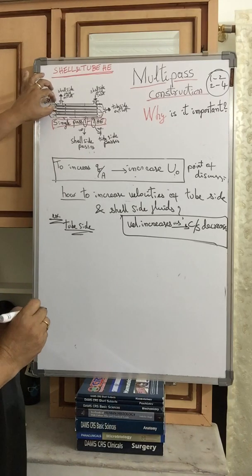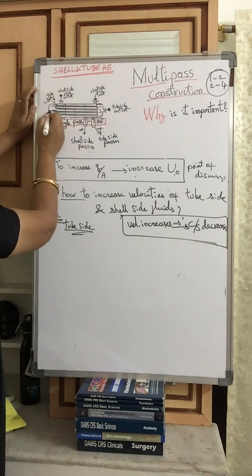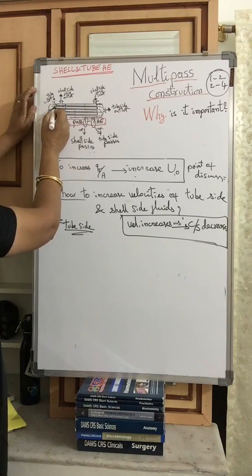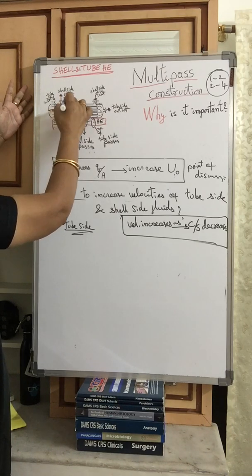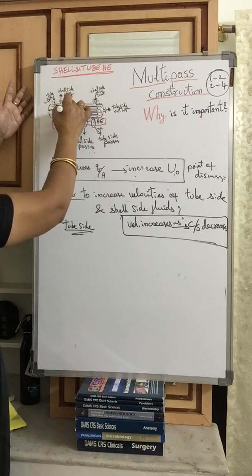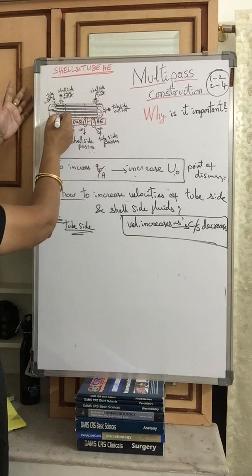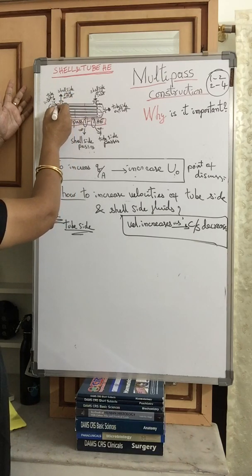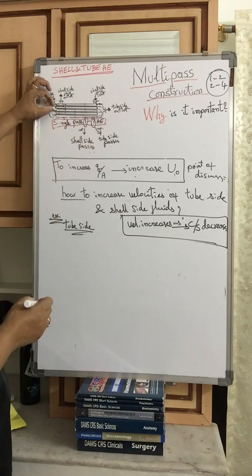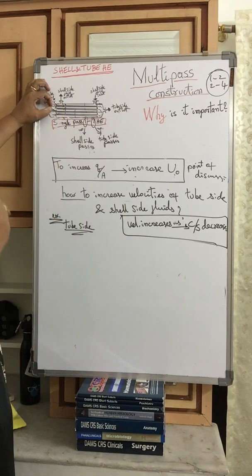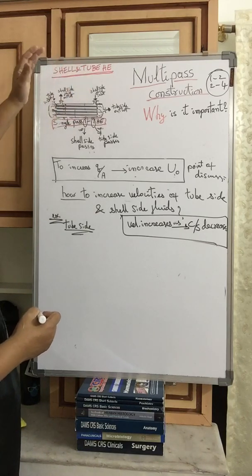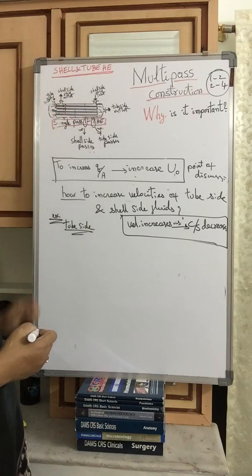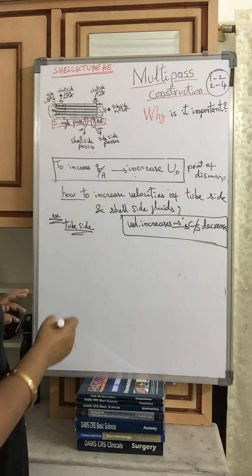Because the cross section is reduced, whatever fluid is entering flows with higher velocity into the tubes which are present in this part only. This fluid cannot enter these tubes. Only the tubes which are opened into this small part, into those tubes only this tube side fluid enters with higher velocity. That is the principle we are using.